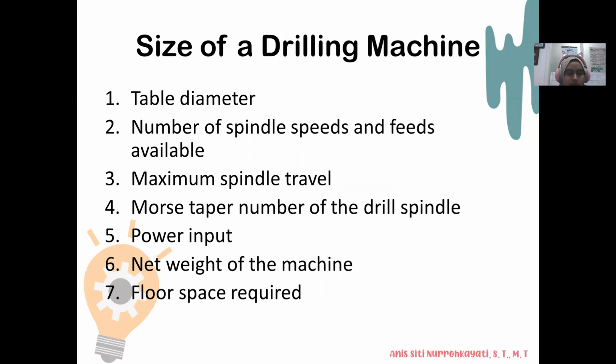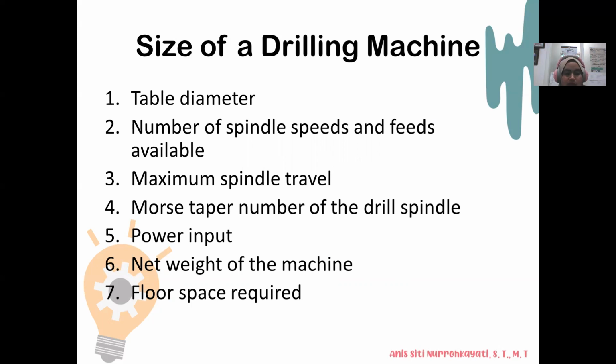The sensitive and upright drilling machines are specified by the diameter of the largest workpiece which can be centered under the drill machine spindle. A radial drilling machine is specified by the length of the arm and the diameter of the column.